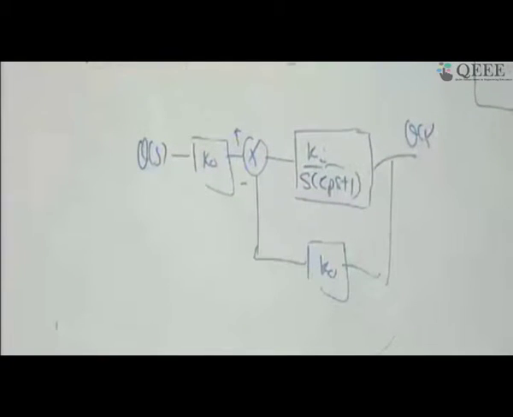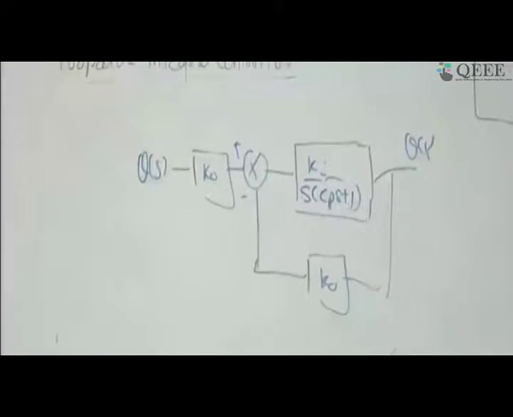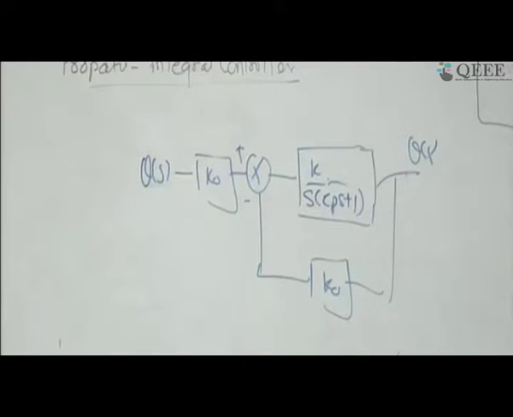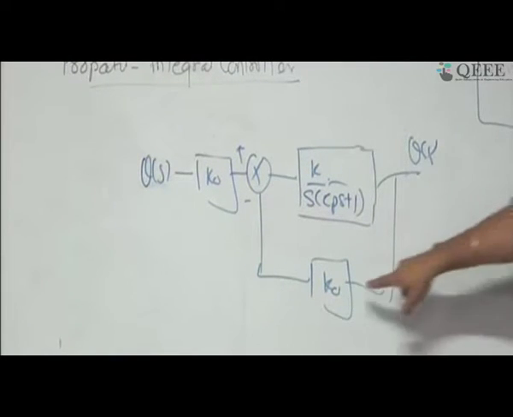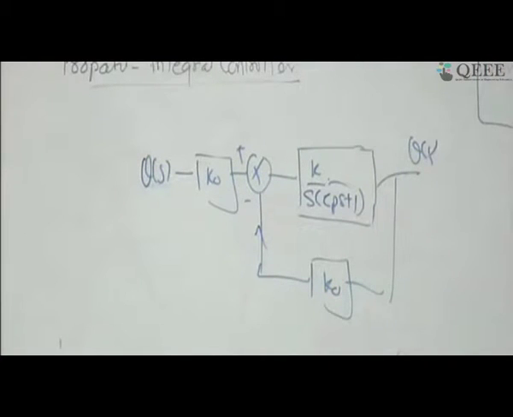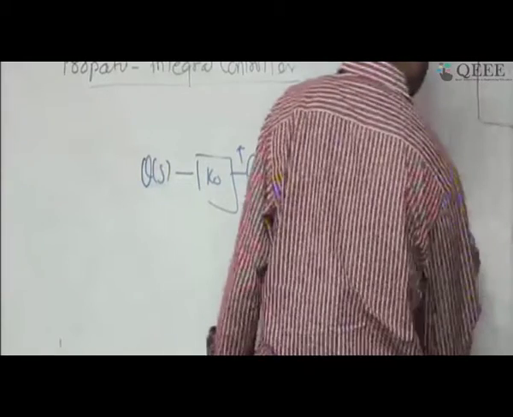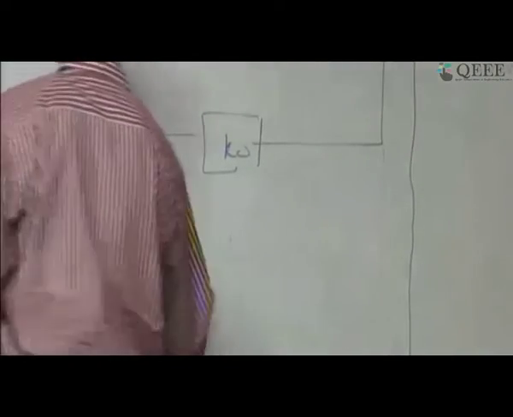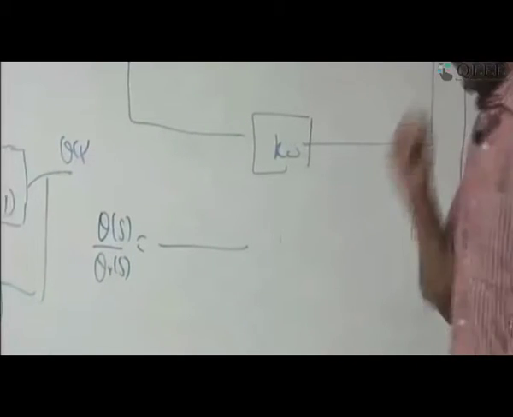Is that part clear? I have come from here to here because ki, kp, all the constant terms I am writing as one k, and the denominator is s into tau p s plus 1, and this term is k0. Fine. Now you write theta s by theta rs. This is what is required. So you can solve it.